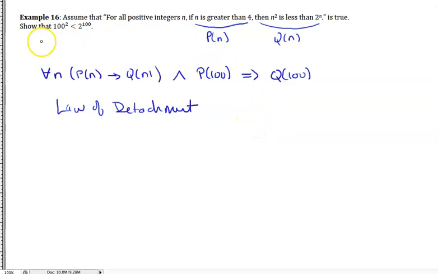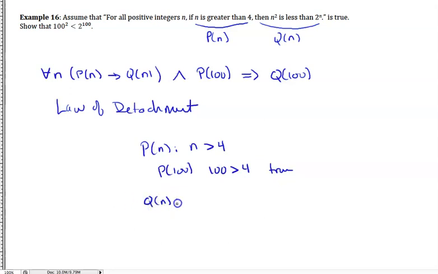Here P(n) is the statement that n is greater than 4, and P(100) is true because 100 is greater than 4. And Q(n) is the statement that n squared is less than 2 to the n. Q(100) is going to be that 100 squared is less than 2 to the 100.